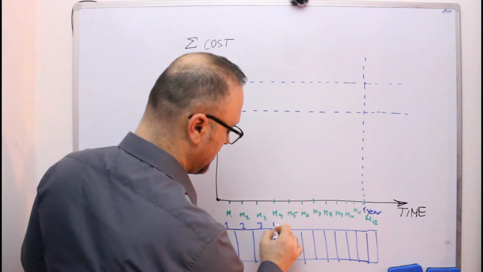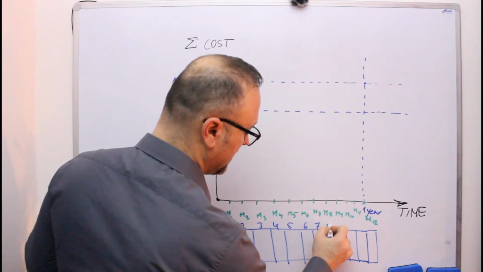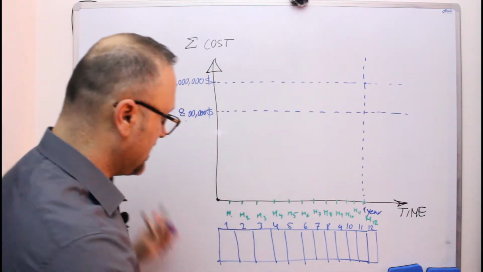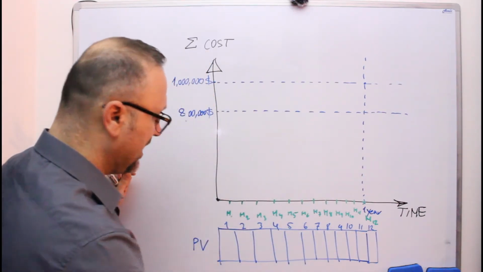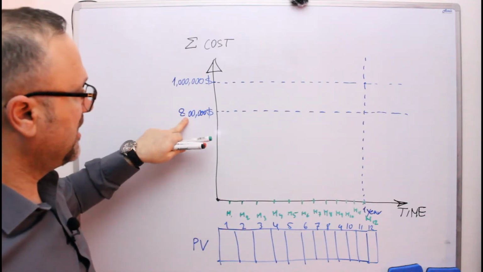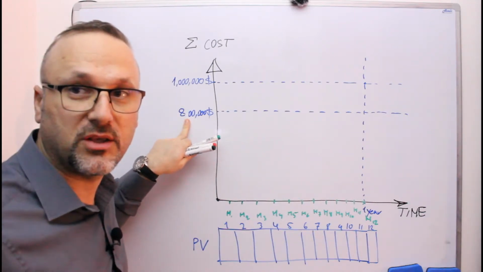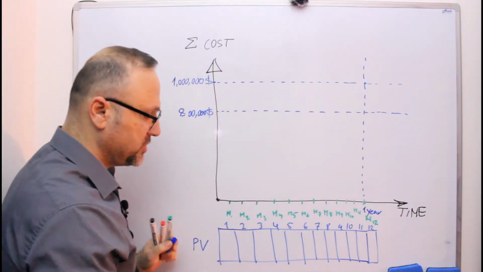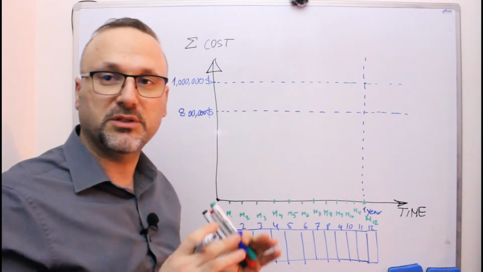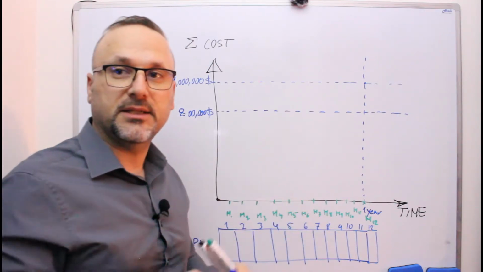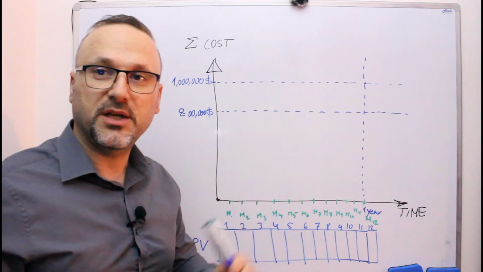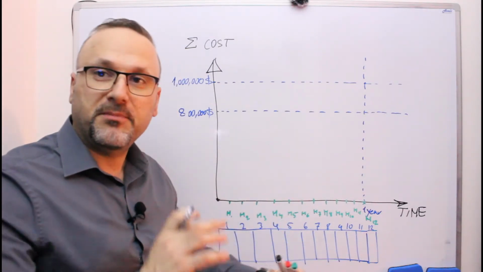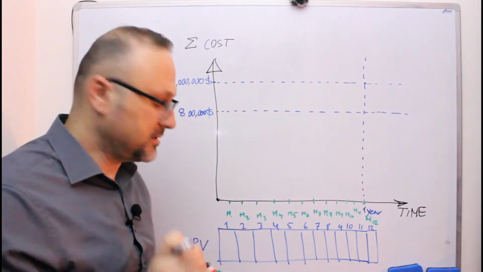One, 2, 3, 4, 5, 6, 7, 8, 9, 10, 11, and 12. In total, my planned value must be 800,000 US dollars. So simply this is the plan, and I am checking from my project schedule, and according to the task cost estimation, which we explained already, I am filling in, and I have every period's estimated cost.